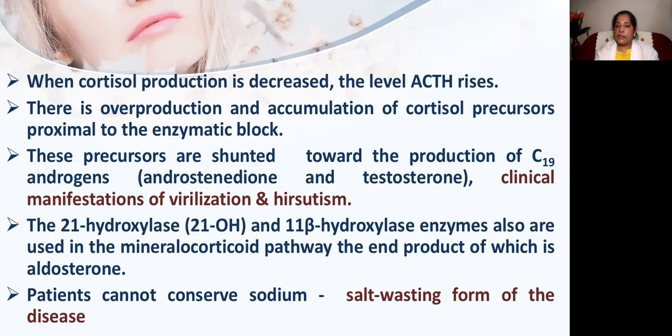And so, therefore, these people have clinical manifestations of virilization and hirsutism. So, this condition could be evident in and around puberty. 21 hydroxylase and 11 beta hydroxylase enzymes are also used in the mineralocorticoid pathway, which is responsible for aldosterone production. So, patients can have a salt wasting form of the disease.